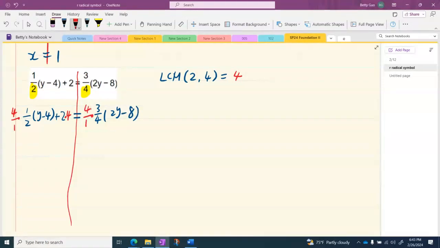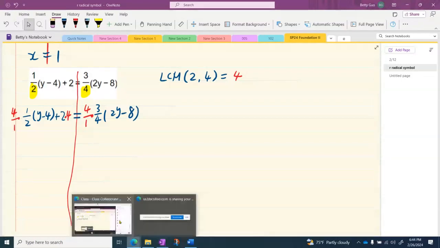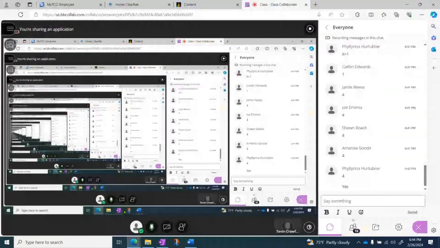We only need to multiply those 3 parts by 4. 2 of them are groups. Just keep them intact as a group, and as a group, multiply by 4. And there's a little 2 here. Don't forget to multiply the 2 by 4. Okay, very good.